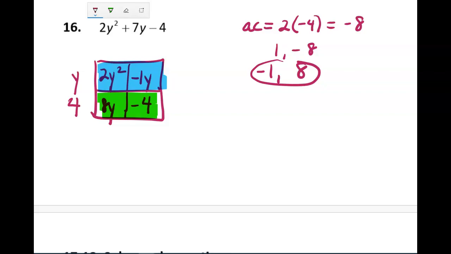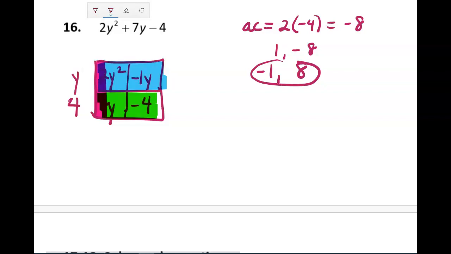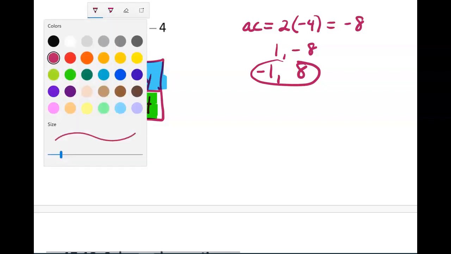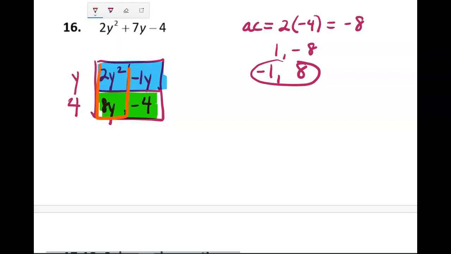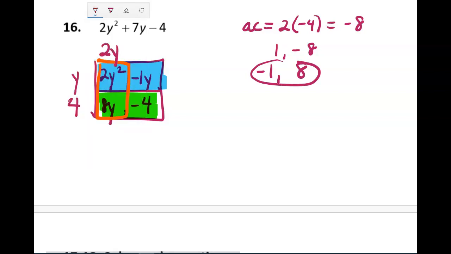Now we factored out a positive because the starting term, or the leftmost term on both of those, is a positive number. If we do the same for the left column, whoops, if I highlight that you can't see it, but the left column would be this part right here, 2y squared plus 8y. 2 times y is the greatest common factor, and the greatest common factor of the right column is -1.